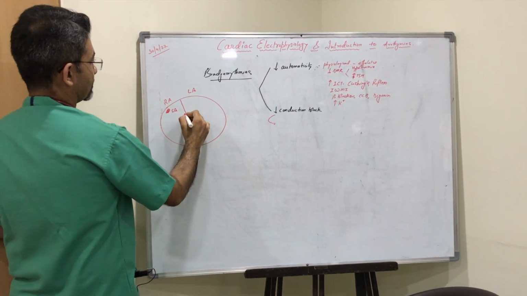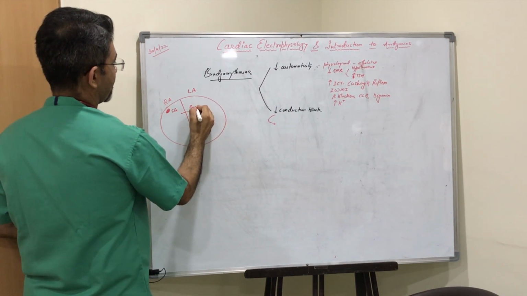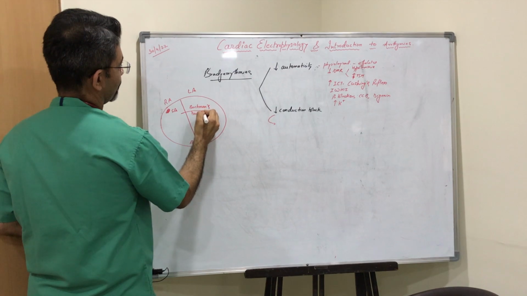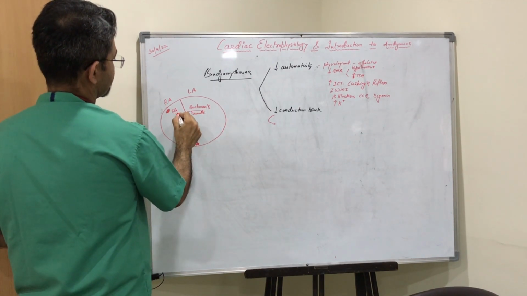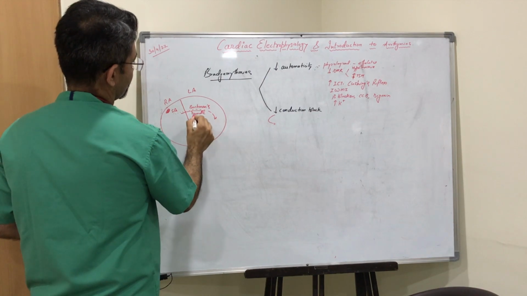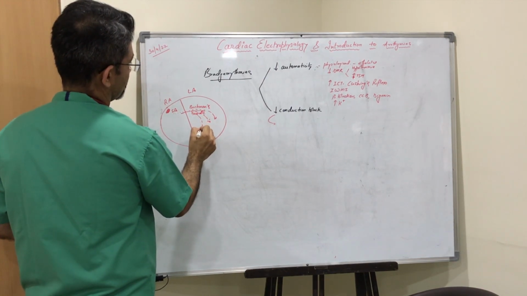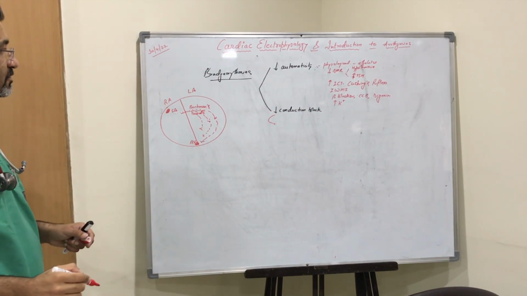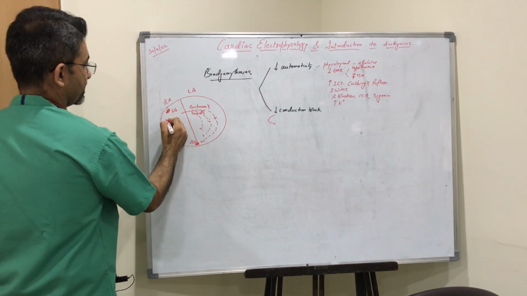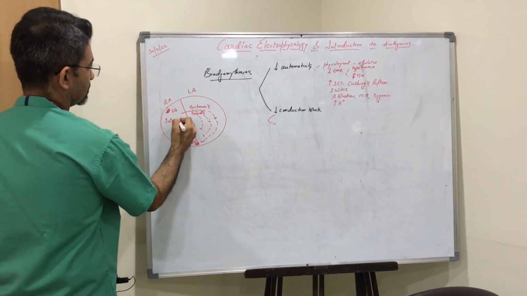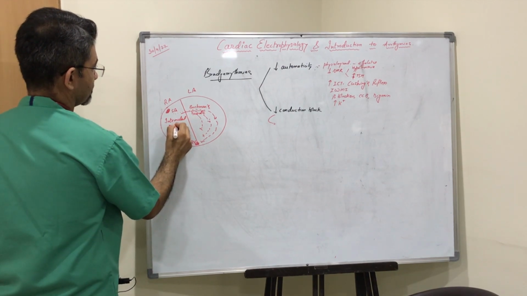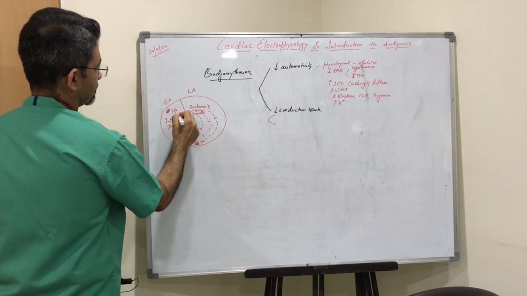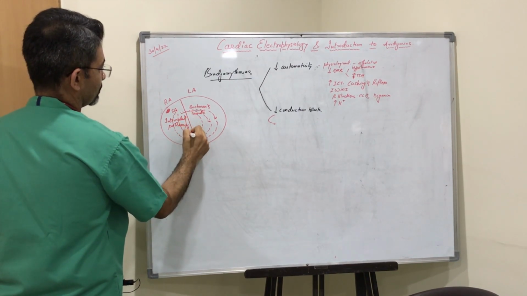There is a tract known as Bachmann's bundle, which conducts impulse from the SA node to the left atrium, and this goes down like this towards the AV node. In the right atrium we have internodal pathways. So from the SA node, through internodal pathways, it goes towards the AV node.